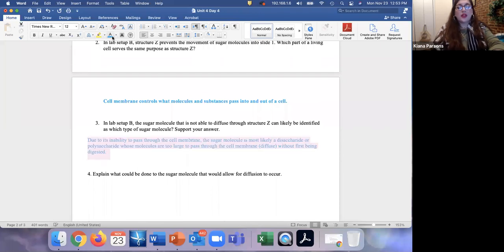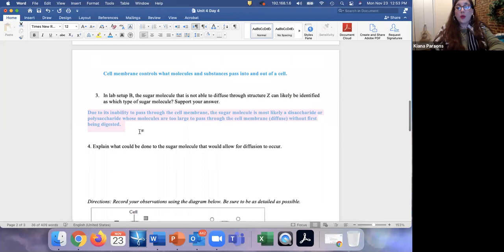Right, so they're like the starch molecules in the diffusion through a membrane lab, they can't pass through the cell.